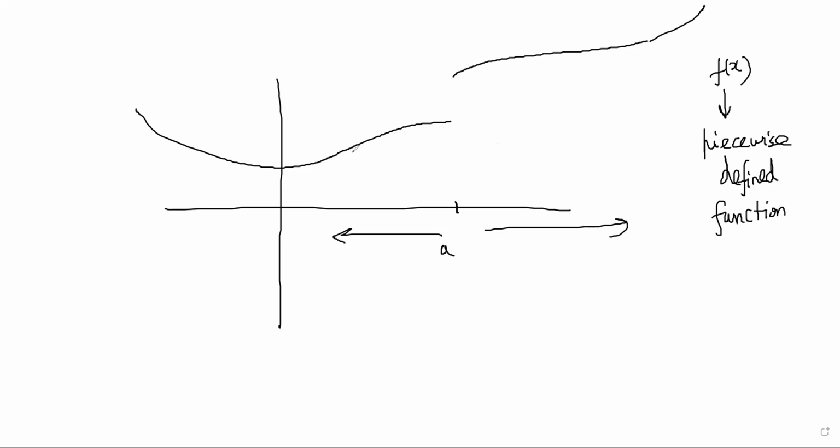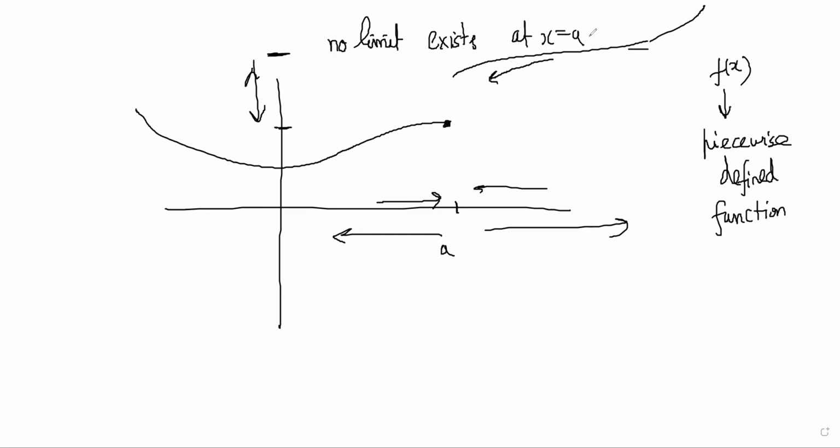So what happens here is that if you come from the left side towards A, your values approach this value, and then you come from the right side towards A, it approaches another value, and this is different from each other. Therefore, no limit exists at x is equal to A. So this is the basic meaning.